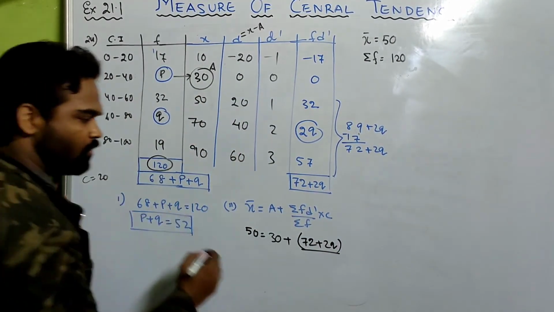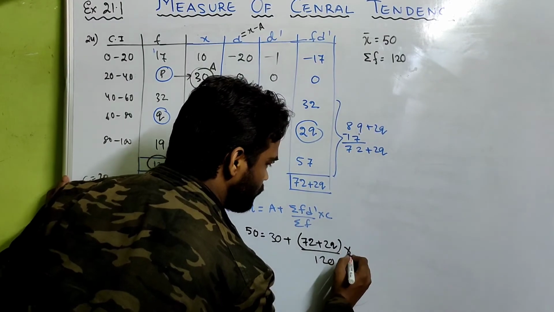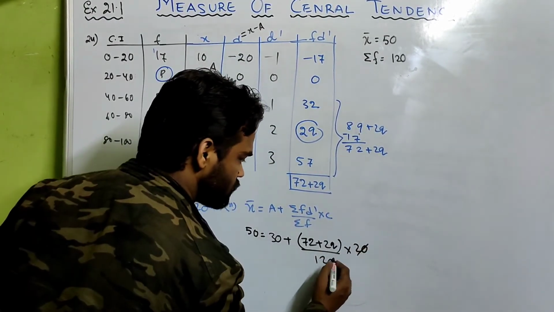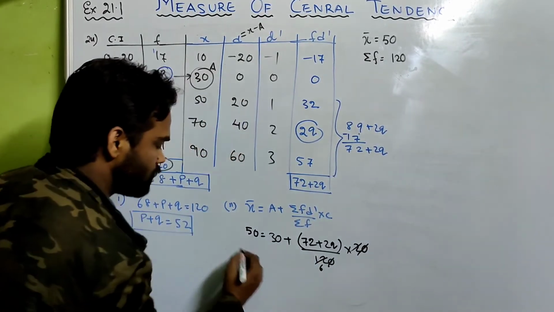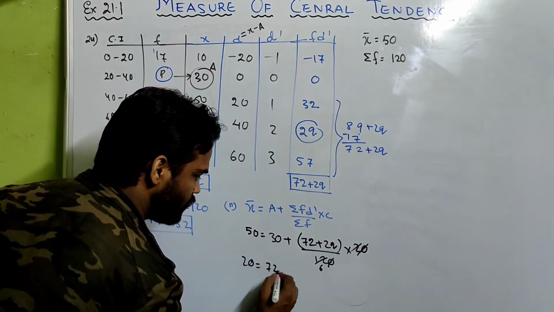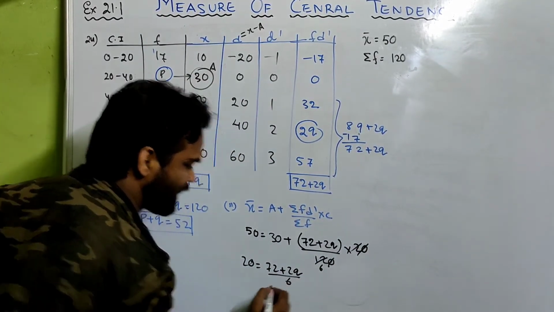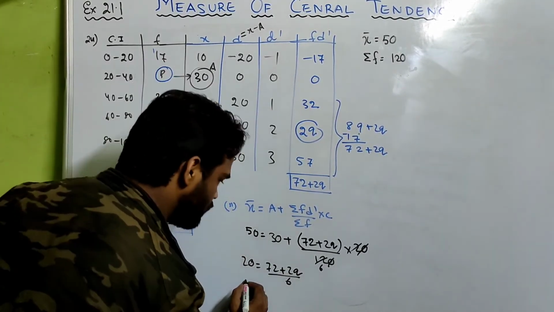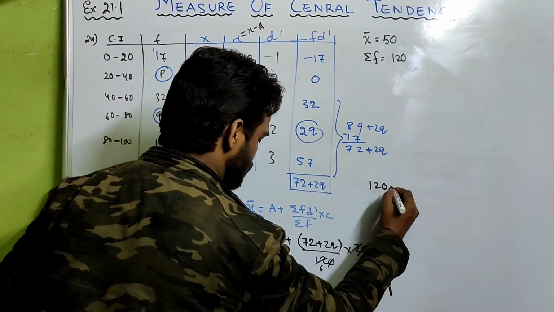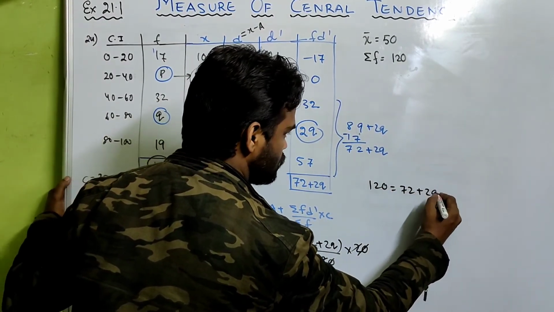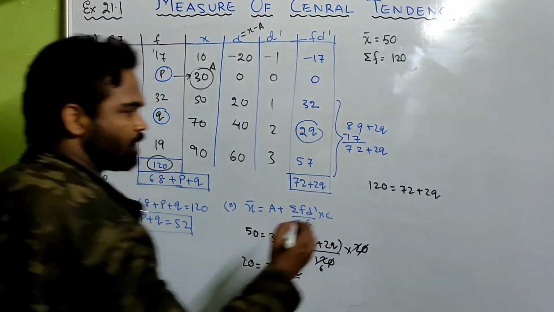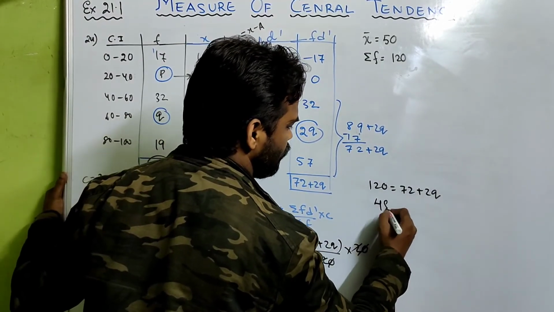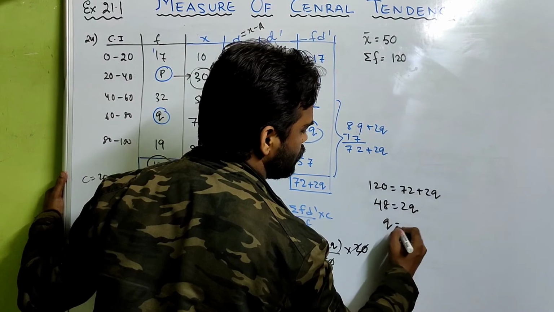We won't use this. 120 multiplied by C. C is 20, isn't it? Just solve it. This is 6 times. 20 equals 72 plus 2Q by 6. The calculation becomes easier. Okay. And this is 120. So 120 equals 72 plus 2Q. Okay. So this is, I think, 48. Yeah. 48 equals 2Q, or Q equals 24.